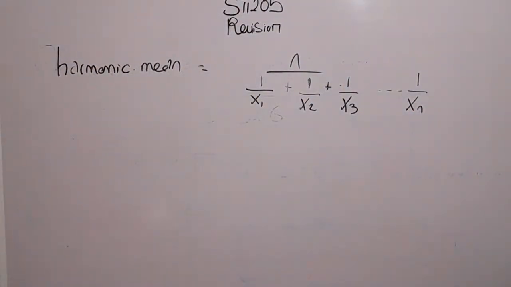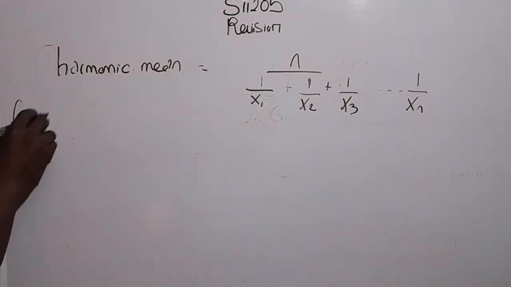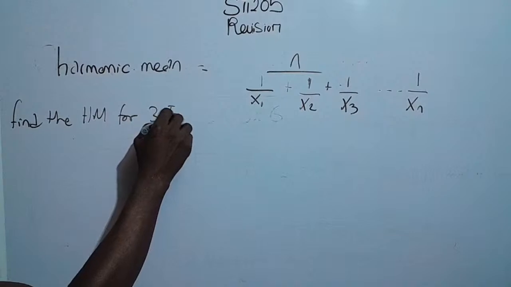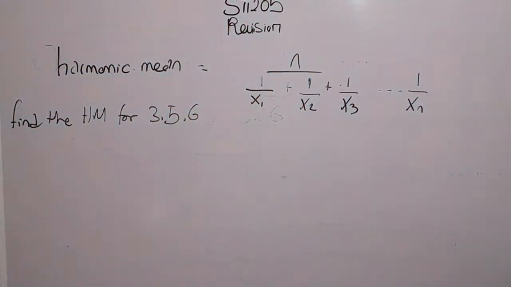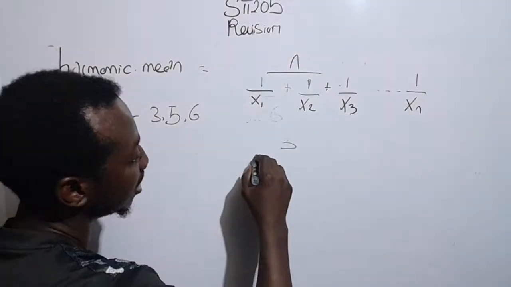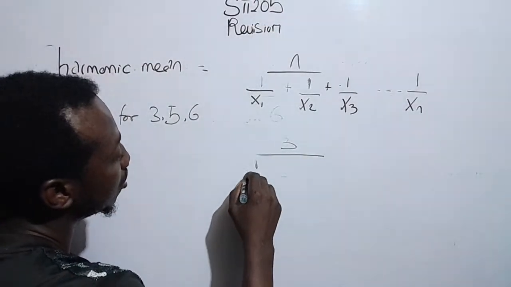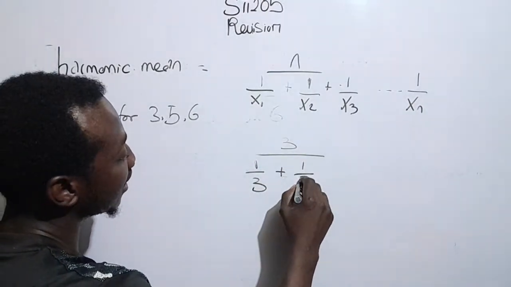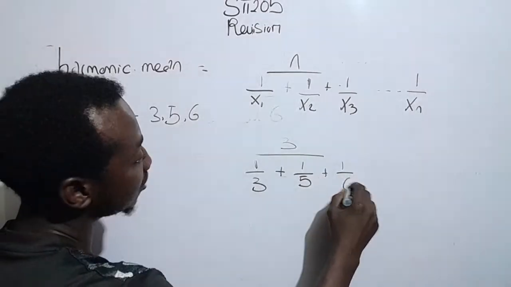Okay, so now the same example, 3, 5, and 6. Find the HM for 3, 5, 6. The same procedure. We already know our n. Our n is 3. We have 1 over 3 plus 1 over 5 plus 1 over 6.